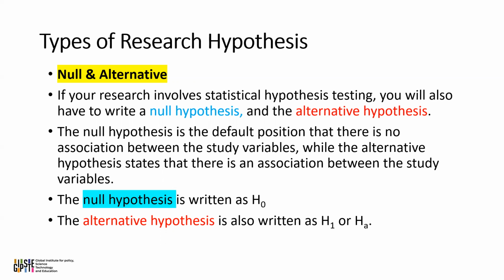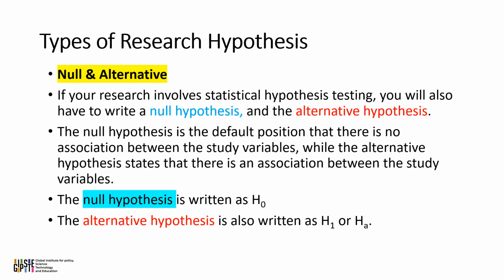No doubt about that. The null hypothesis is the default position that there is no association between the study variables, while the alternative hypothesis states that there is an association between the study variables. That is the reverse to the null. Okay?